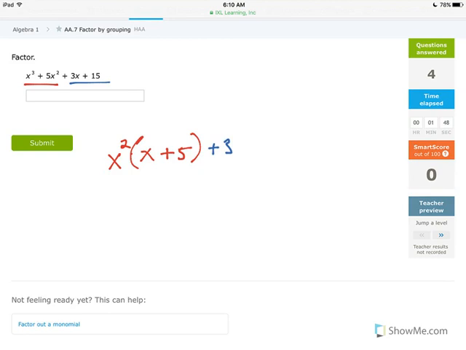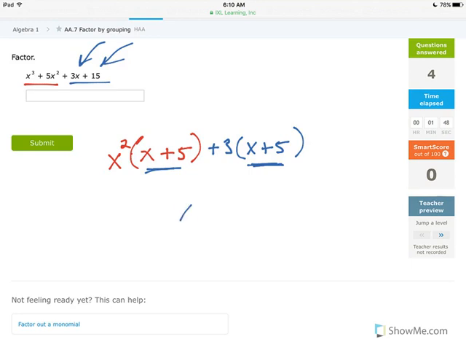And again, we know in order for this to work, x plus 5 has to be left behind. I just usually put in what I need, and then I check it and see if it works. So in order for this to work, we need an x plus 5 and an x plus 5. So factor a 3 off and then check. 3 times x is definitely your 3x, and 3 times the 5 is the 15, so that checks out.